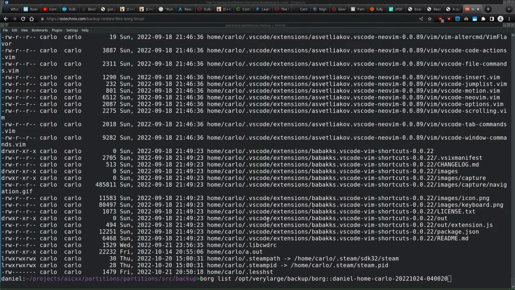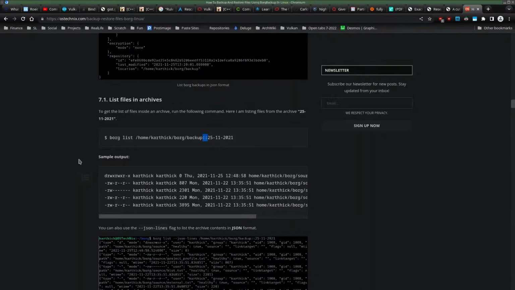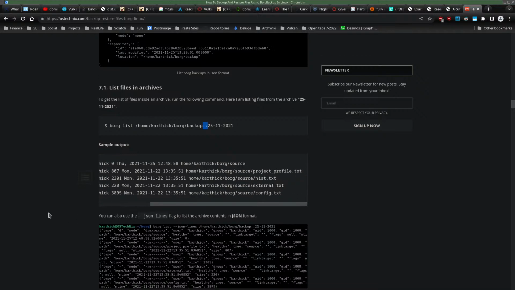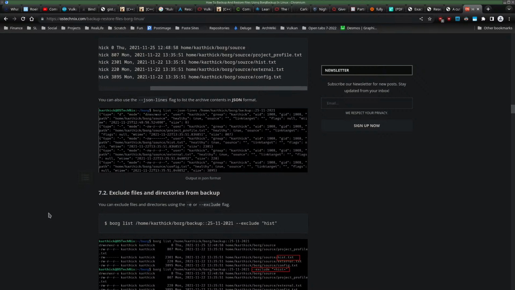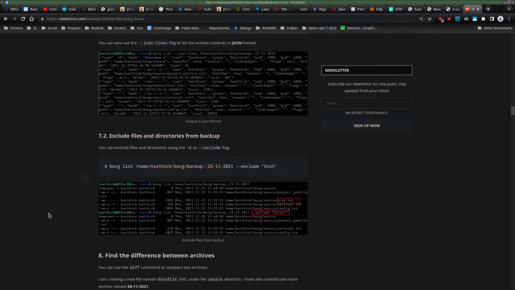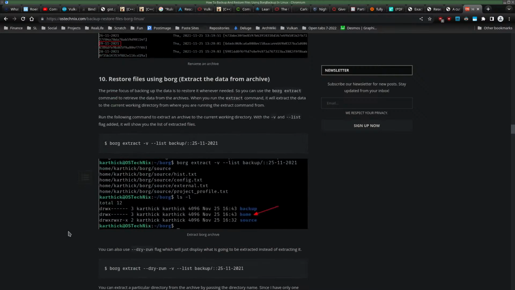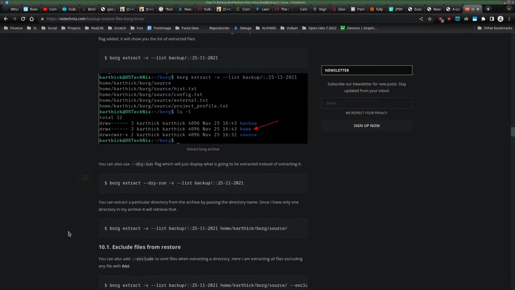So how can I make a path longer than this? Exclude files. Find differences. Rename archive. There's no example for extracting a single file.